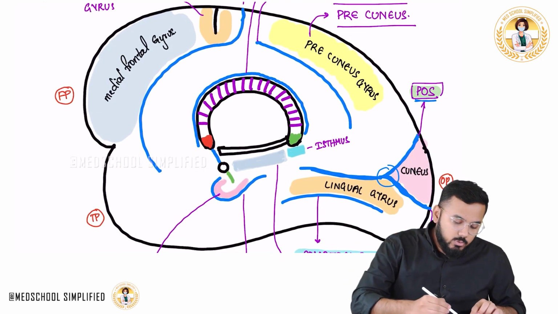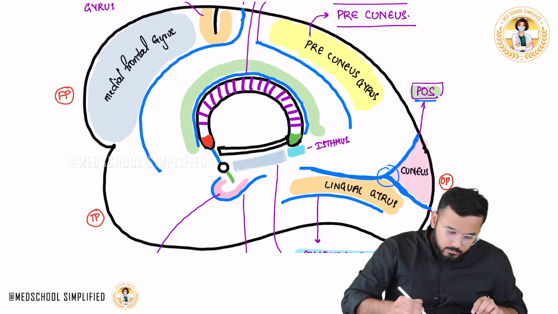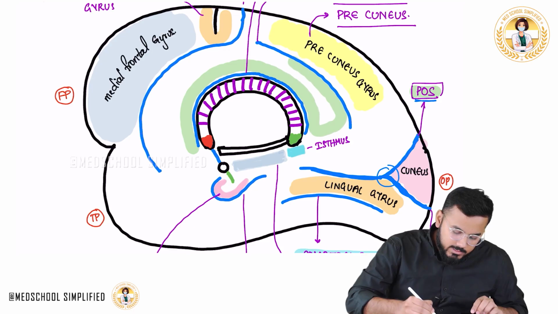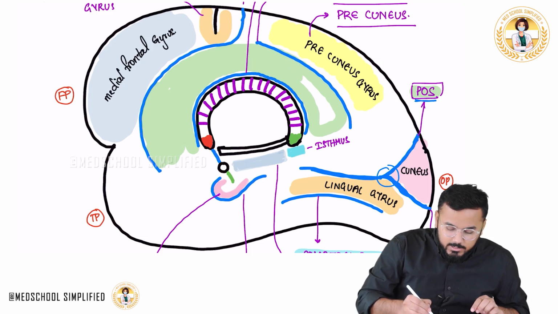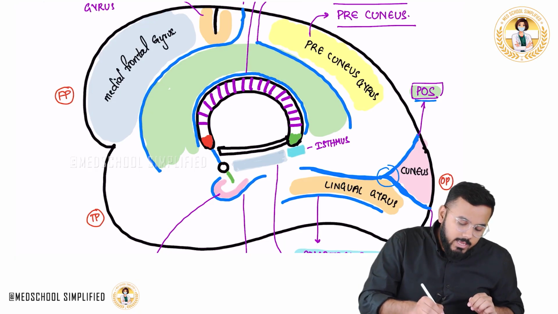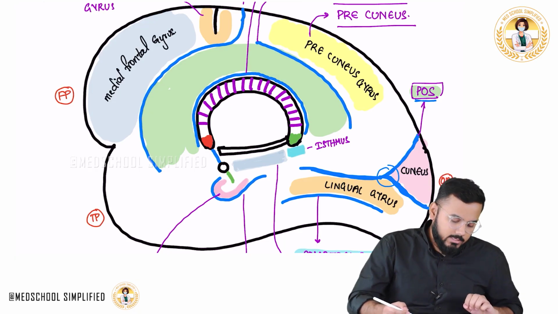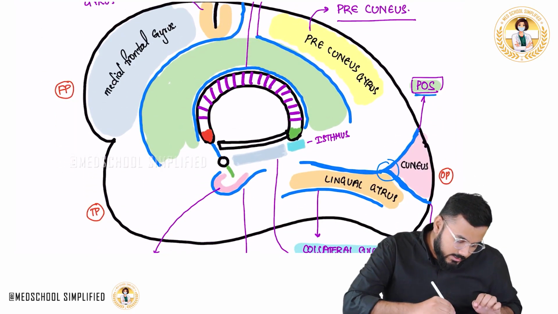So, this entire space, whatever you can see here, this entire green color thing, is given a specific name, and this gyrus is called as cingulate gyrus. Why cingulate? Because majority of the sulcus here is cingulate sulcus, so the name of the gyrus is also cingulate gyrus.